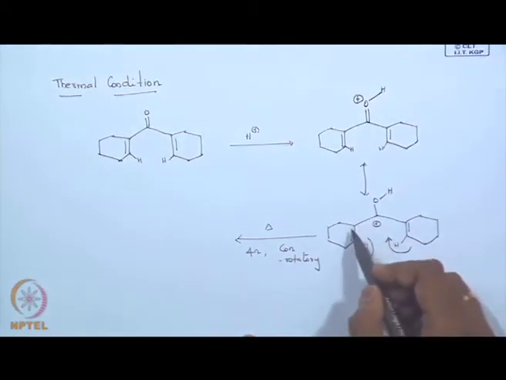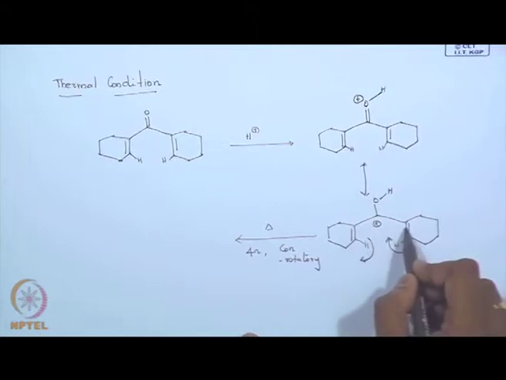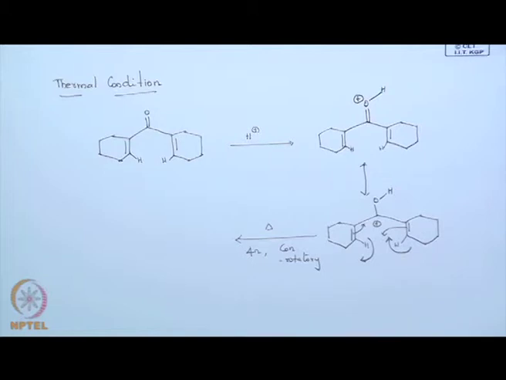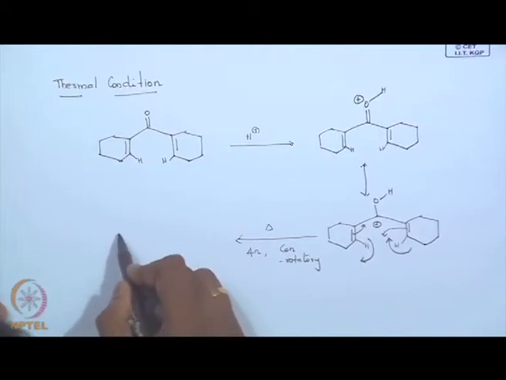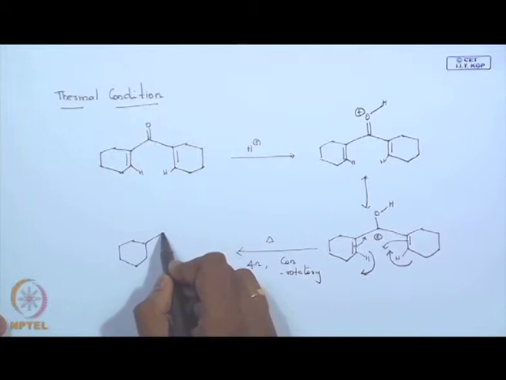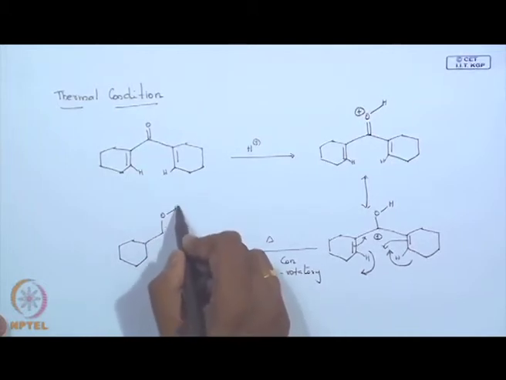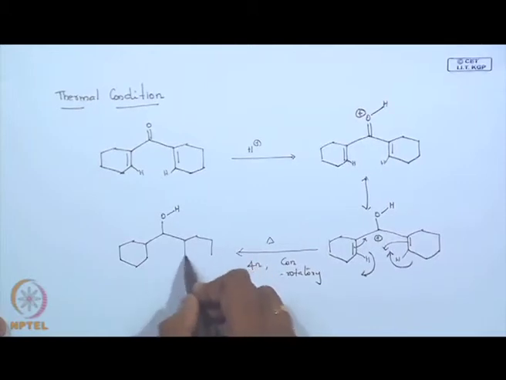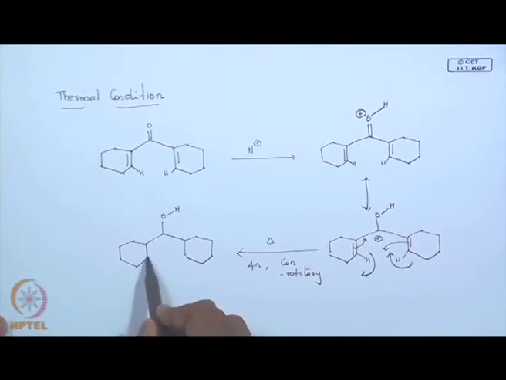And this you know. You have to push your arrow here, so this happens inside. But this is the more important part. So, what you get then is a cyclization.